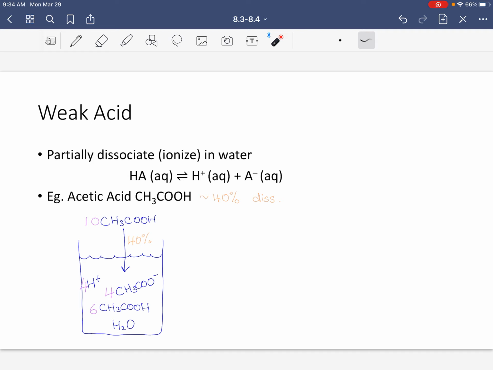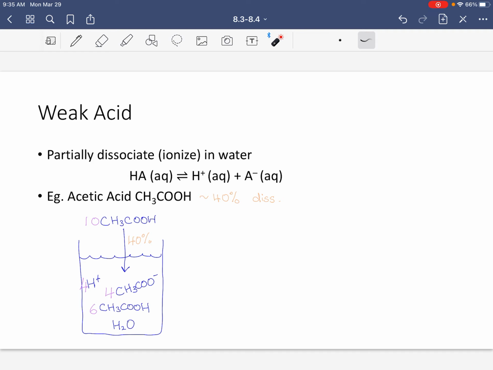Hence this equilibrium sign is here, meaning that you're going to make H plus and A minus, but at times this reaction can go back to make HA. In fact, for a weak acid, this dominates more, so the drive here is certainly pointing left.